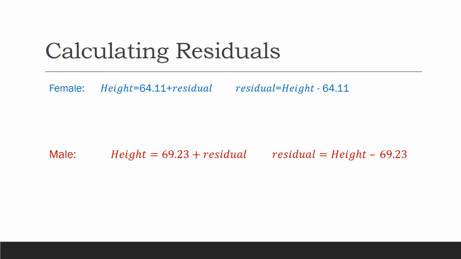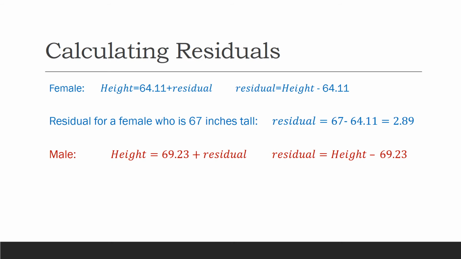If we were to go ahead and calculate residuals, since we have our model for females having height equal to 64.11 plus the residual, then the residual is equal to each female's height minus 64.11, and we could calculate that for each female in the data set. The male model for height is that height is equal to 69.23 plus the residual, which means the residual for a male in the data set is their height minus 69.23.